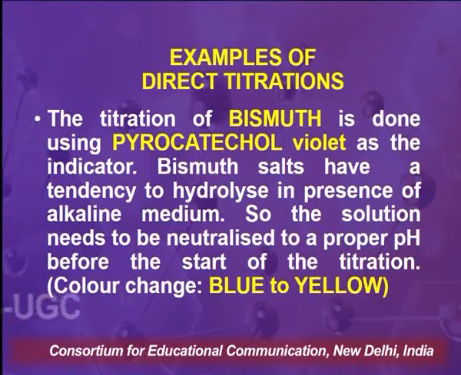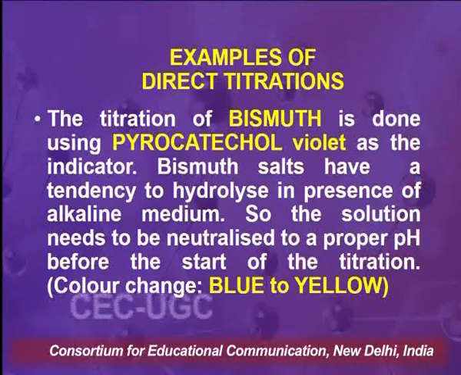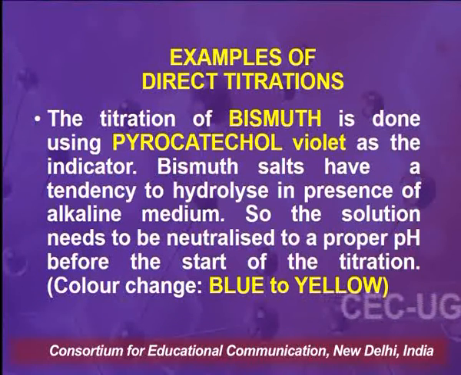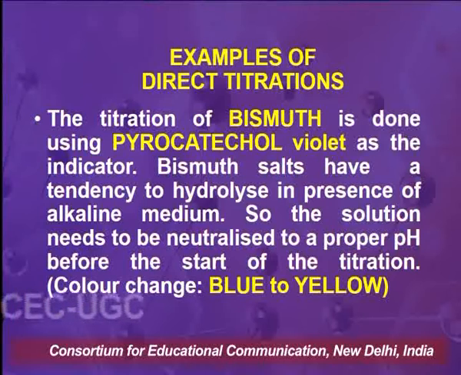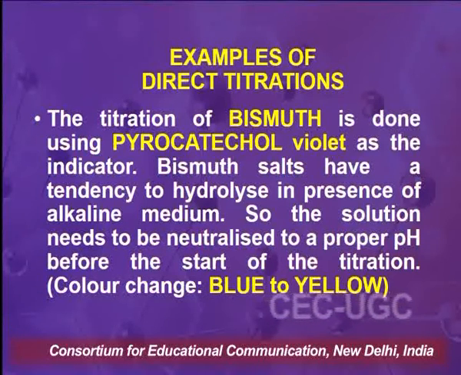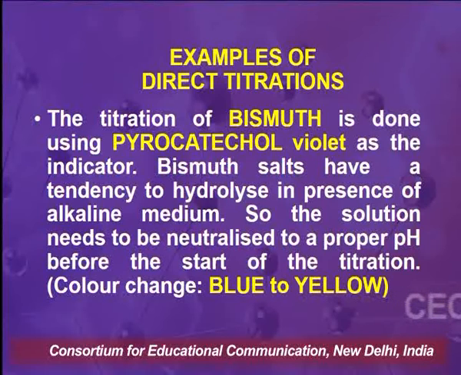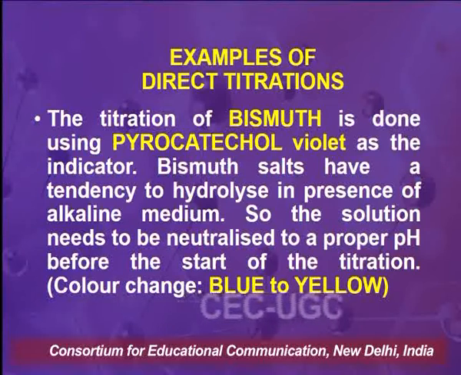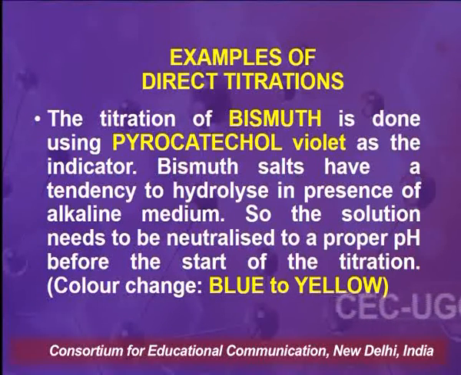The titration of bismuth is done using pyrocatechol violet as the indicator. We have already seen the structure of pyrocatechol violet earlier. Bismuth salts have a tendency to hydrolyze in alkaline medium. So, the solution needs to be neutralized to a proper pH before the start of the titration, and the color change in this titration is from blue to yellow.